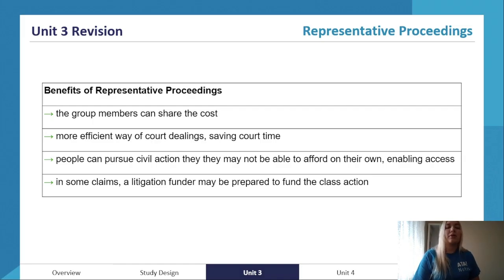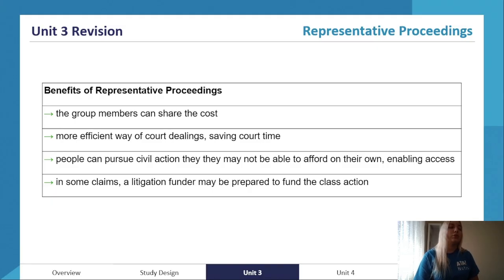So, the benefits of representative proceedings: group members can share the costs. It makes it much more affordable, especially as we said, because these are usually done for smaller claims. So, this is very important. It's a more efficient way of court dealings. It saves court time and resources. And people can pursue civil action they might have not been able to pursue at all on their own. So, this enables access.